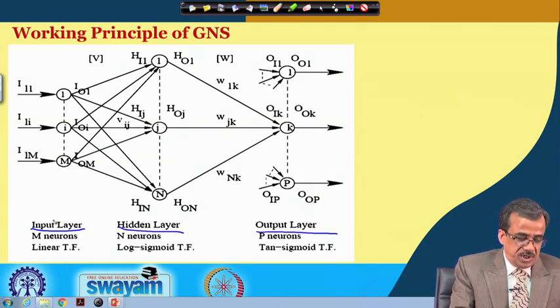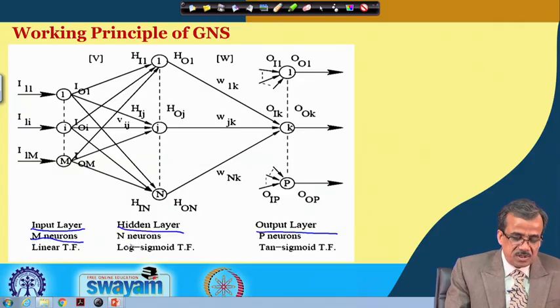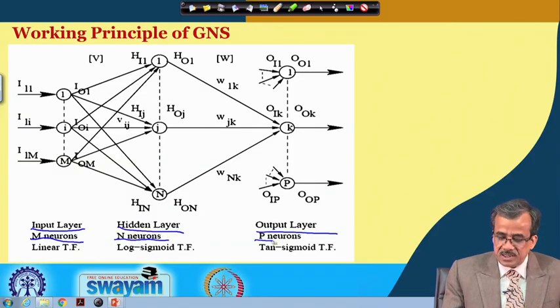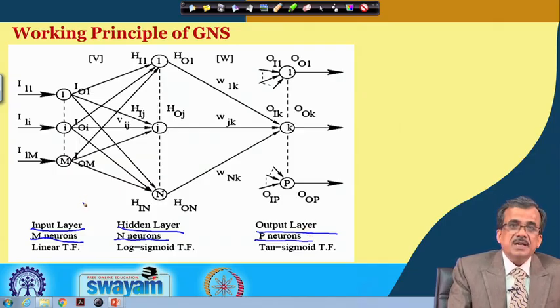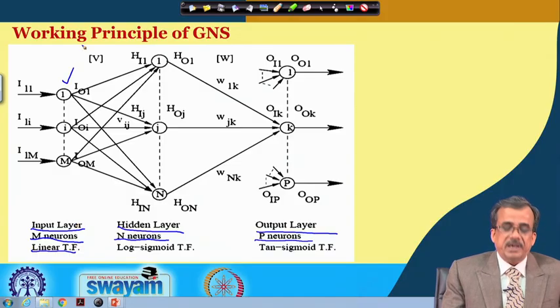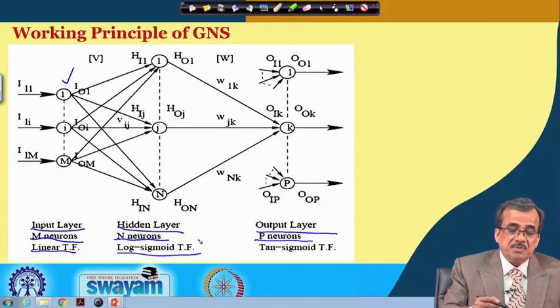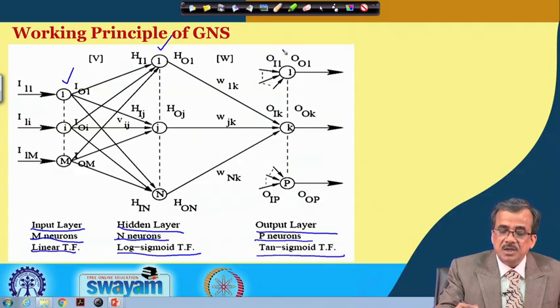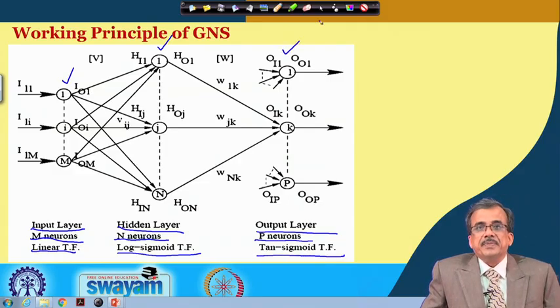This input layer is having m neurons, the hidden layer is having n neurons and the output layer is having P neurons. Let me use the linear transfer function on the input layer, the log sigmoid transfer function on the hidden layer, and tan sigmoid transfer function on the output layer.